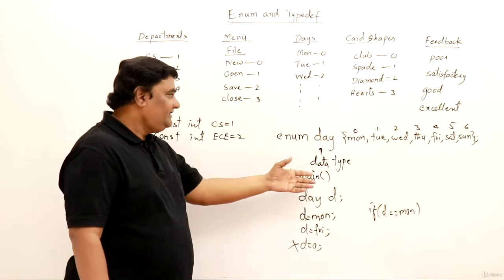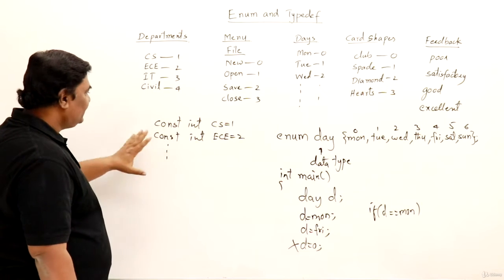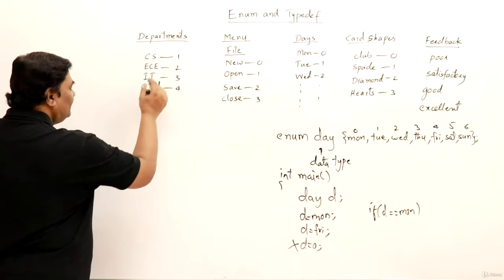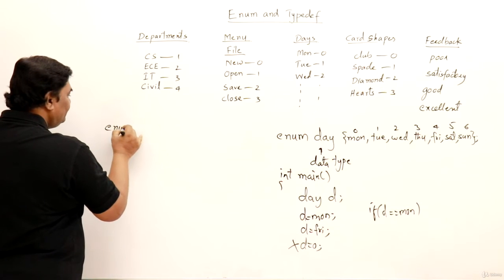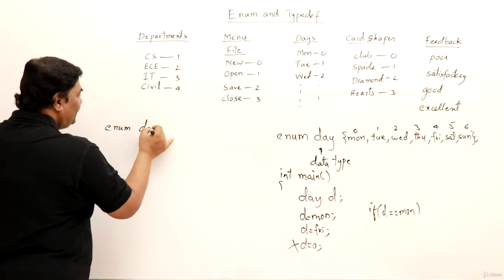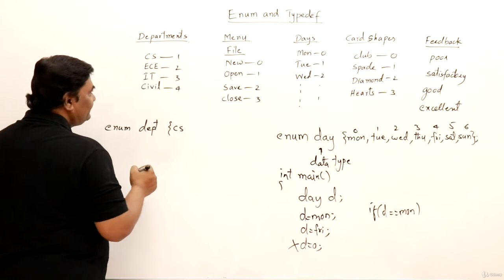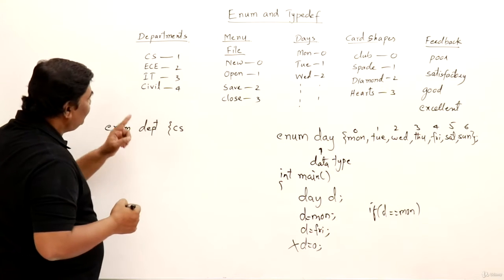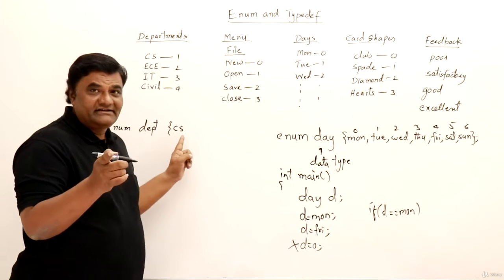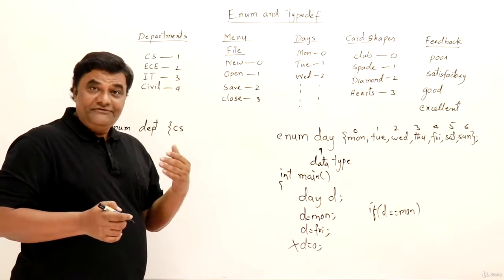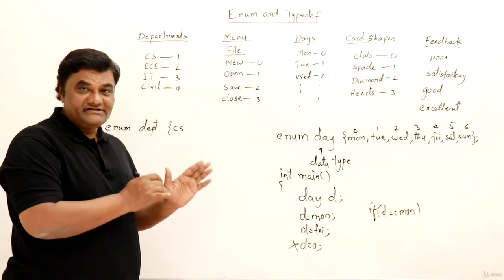Now let us define an enum for this one. I'll remove this and I will define, let us say, enum, and these are departments, DPT. Now the departments are CS, then ECE. See, if I write CS, by default, as I said, it will start from 0. If you want to change it, you can change the number.